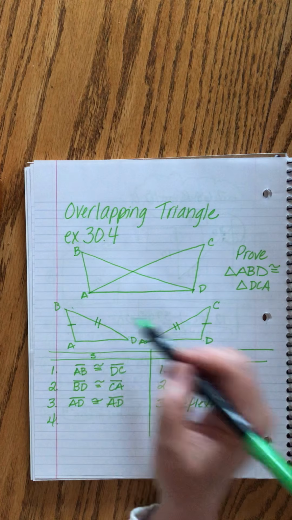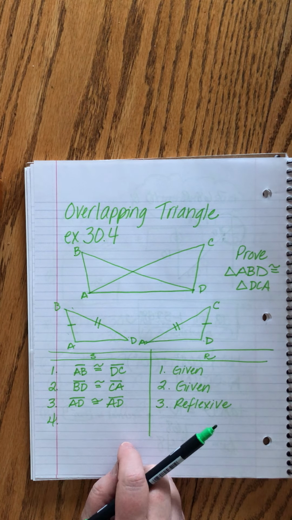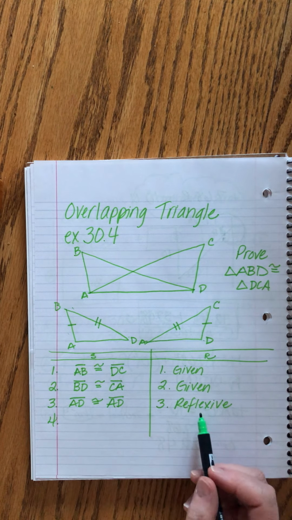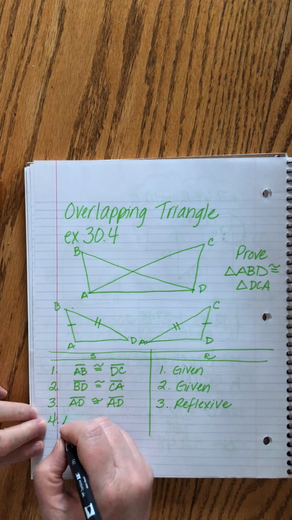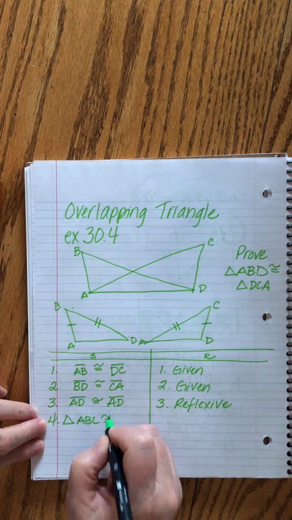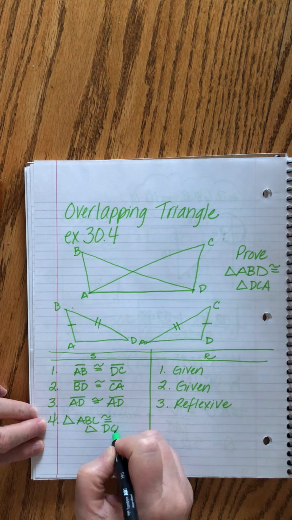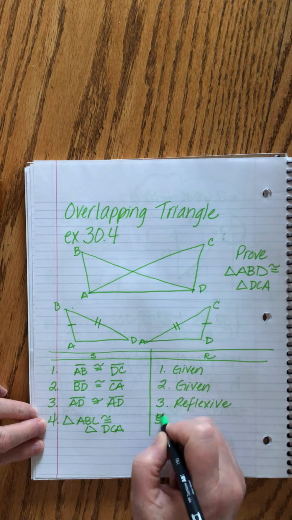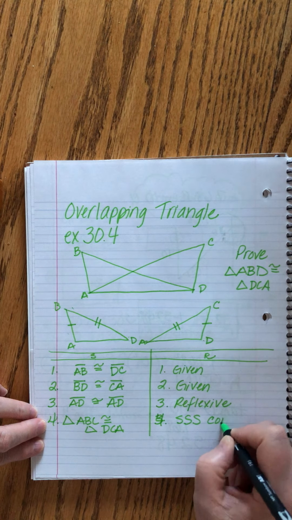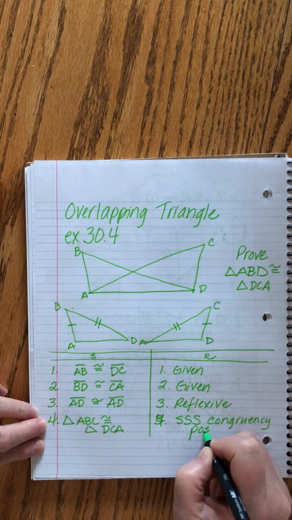We could do side angle side, but I don't have anything on B and C. But I see that this side is the same, so we go for that, and then we get triangle ABC is congruent to triangle DCA, and we proved that by side, side, side congruency postulate.